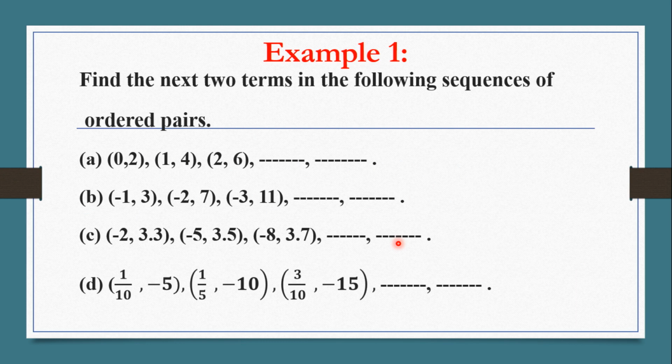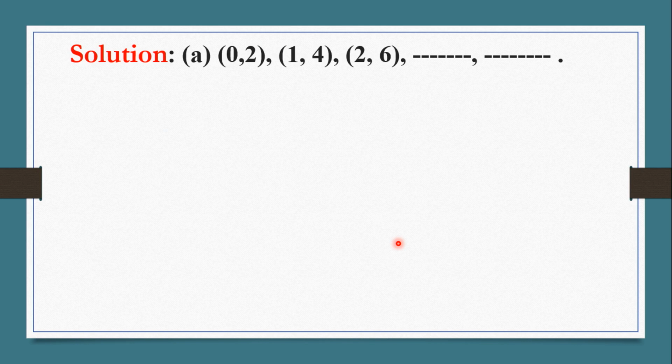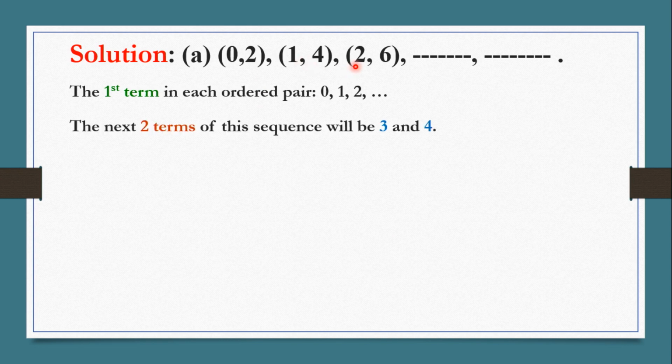First example. Find the next two terms in the following sequences of ordered pairs. The first part: (0, 2), (1, 4), (2, 6). So the first term in each ordered pair: 0, 1, 2. The next two terms will be 3 and 4.